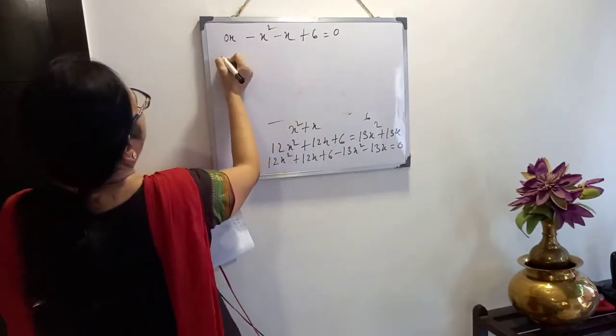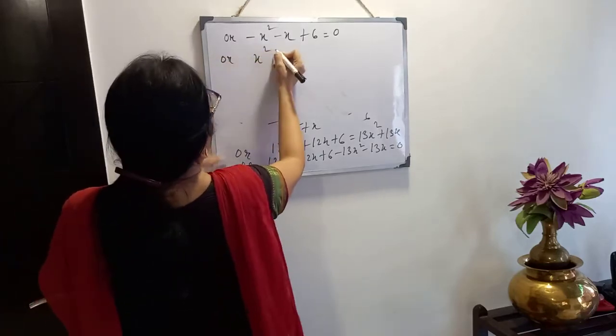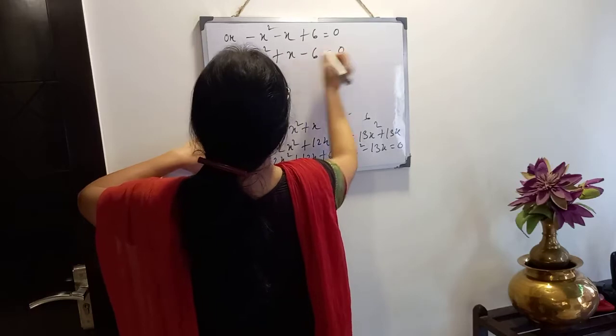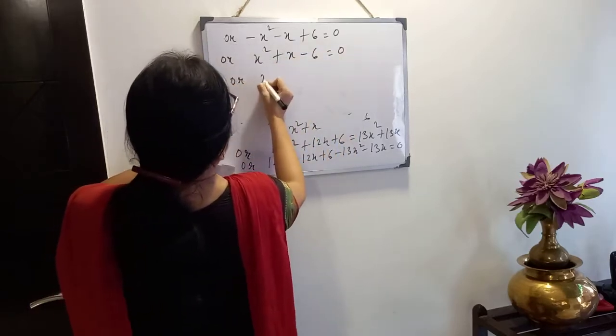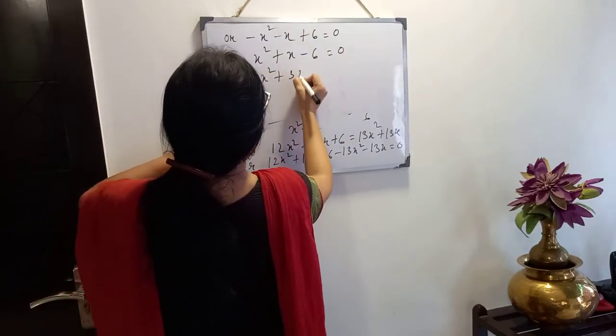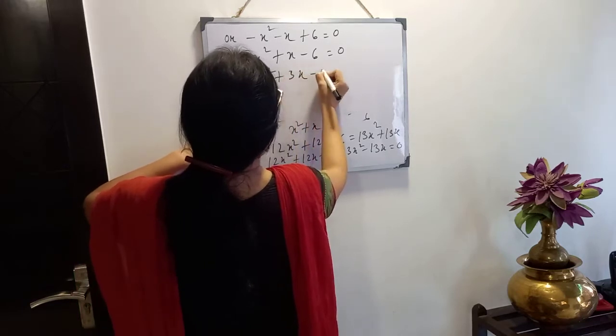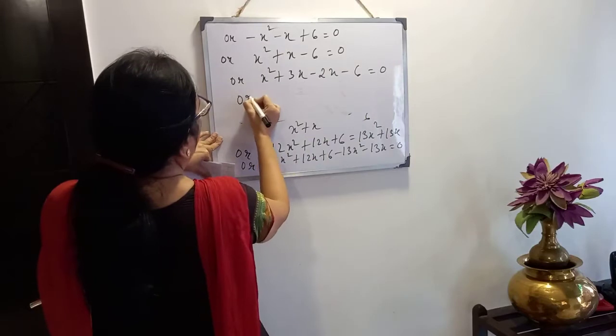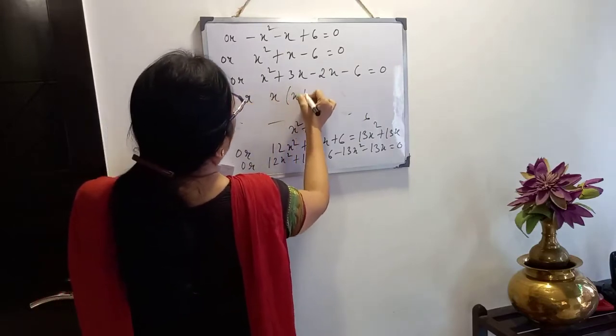Then we will take minus common. So it will become x square plus x minus 6 equal to 0. Then middle term: x square plus 3 2s are 6, so 3x minus 2x minus 6 equal to 0. Take x common.